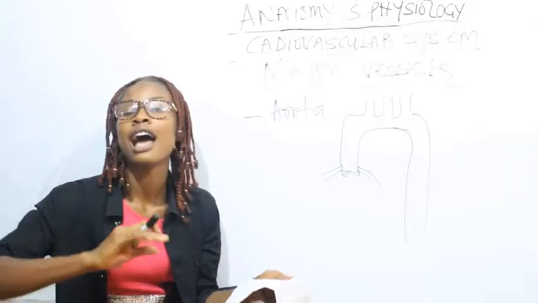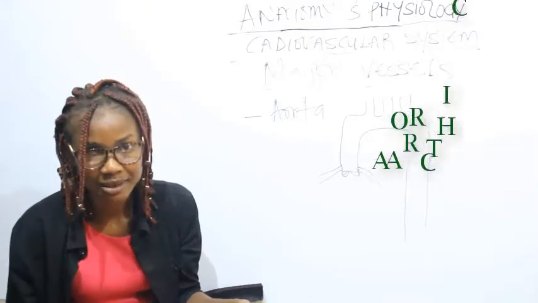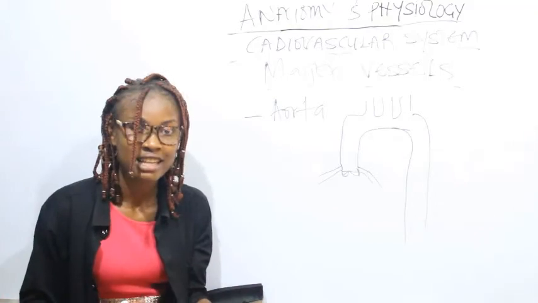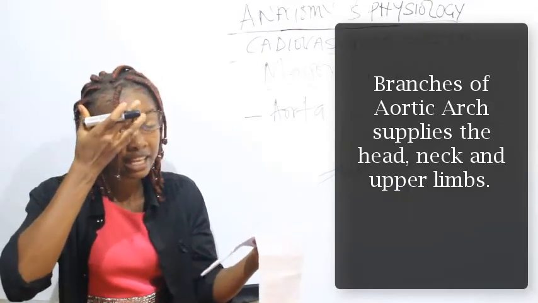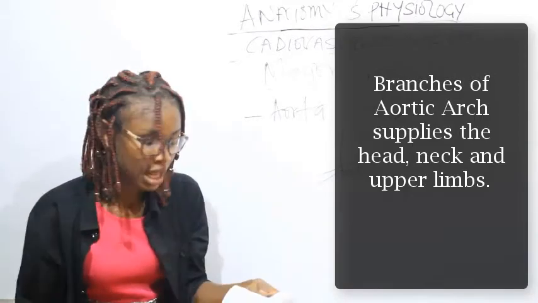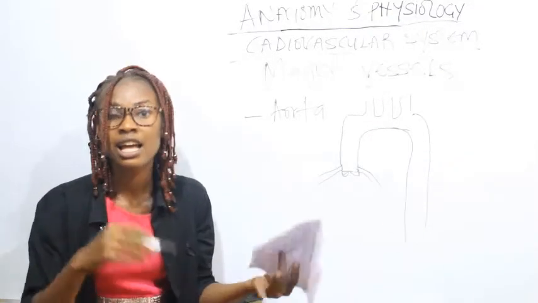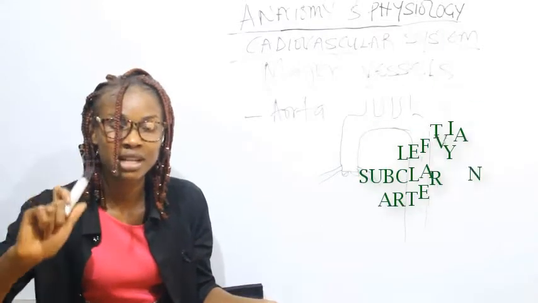Then, after that, you have the aortic arch, which also has branches that supply the head and the neck, the head, neck, and the upper limb. These branches are brachiocephalic, left common carotid, and left subclavian artery.